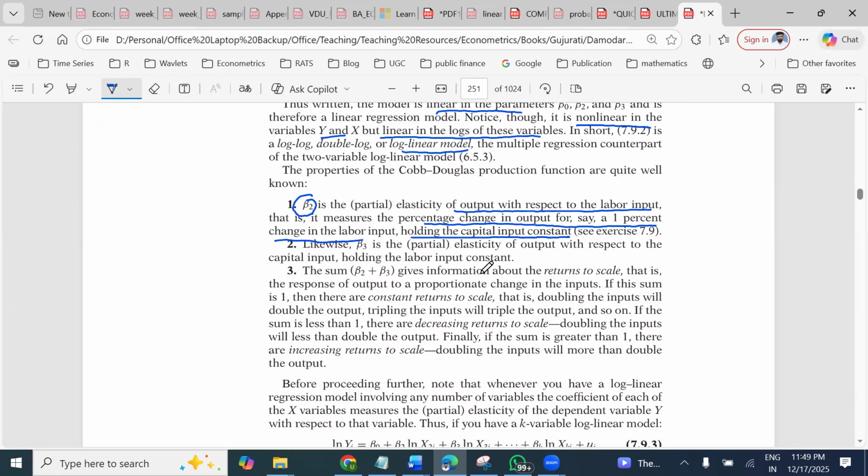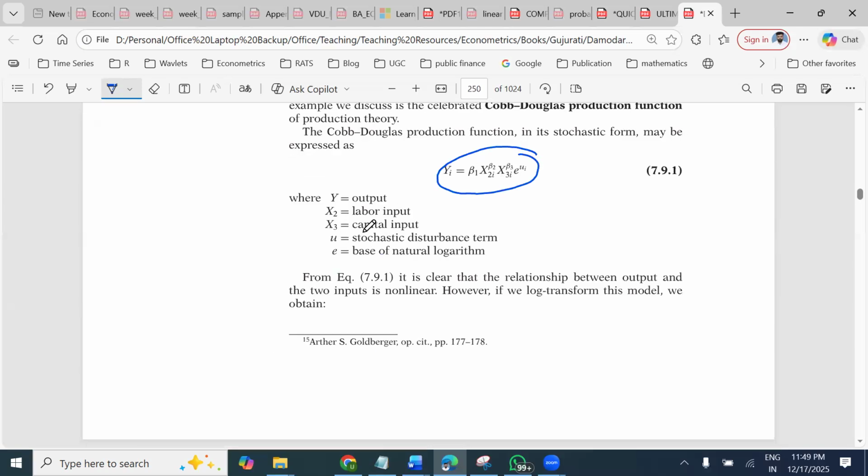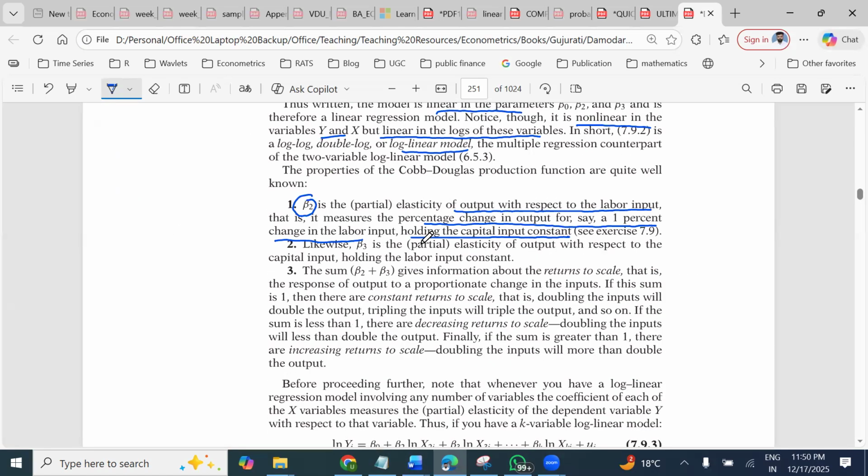So beta 2 is with respect to labor, because if you see the original function, x2 was clearly written as labor, and x3 is capital. Likewise, beta 3 is the partial elasticity of output with respect to the capital input, holding the labor input constant. Okay, when you are interpreting one coefficient or one variable, you have to keep other variables constant. That is how you will interpret the multiple linear regression.